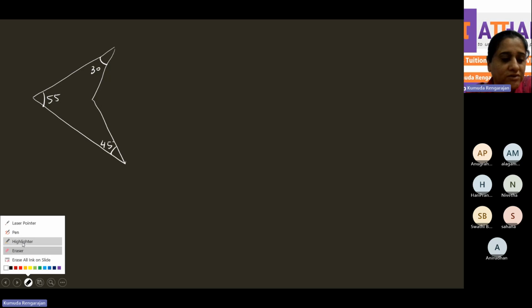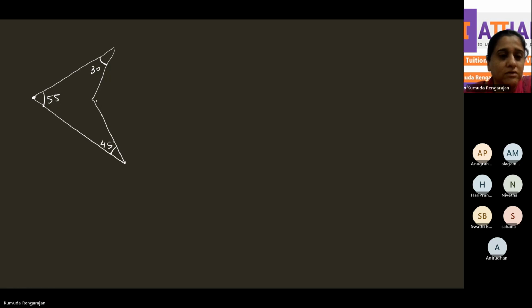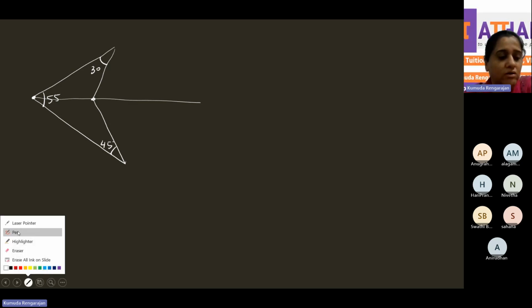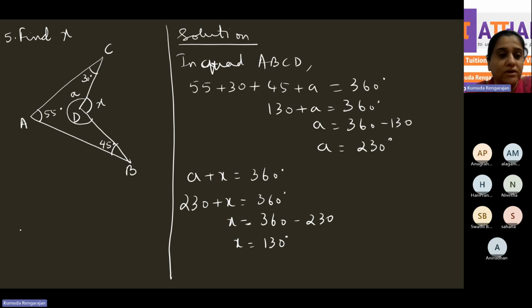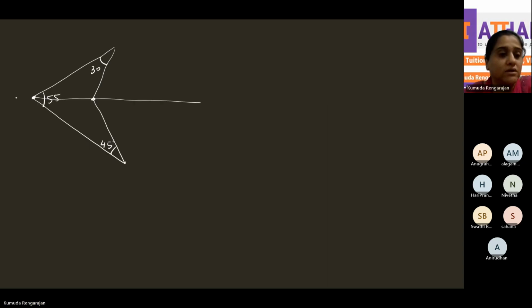We're just going to join these 2 points. Just draw a line connecting these 2 points. That's possible, no? You can draw a line connecting 2 points.